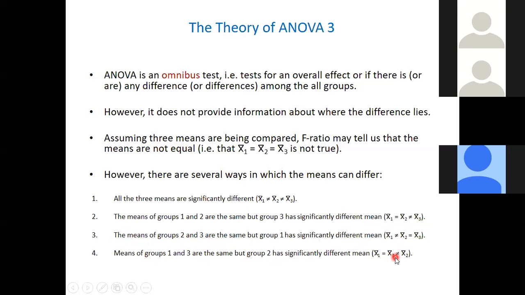So 1 and 3 are the same, 2 differs. If you say there's a difference, these are the 4 different ways it can be different for 3 groups. If there are 4 groups, you can be sure it will be up to 10 ways.